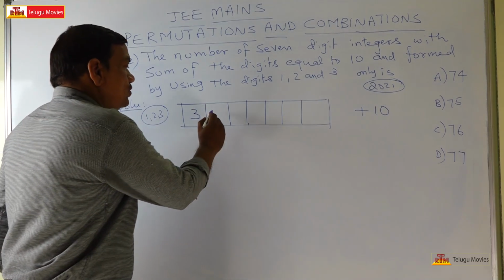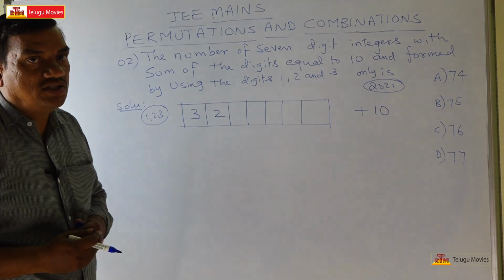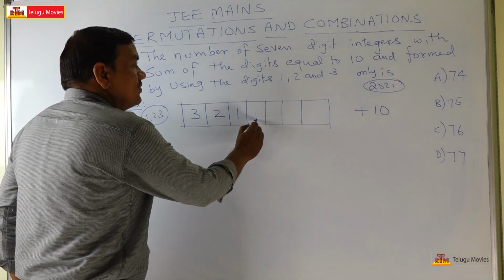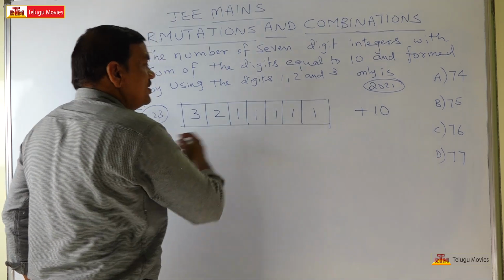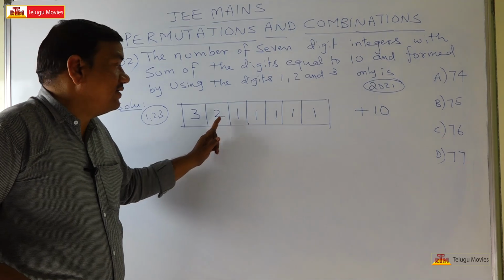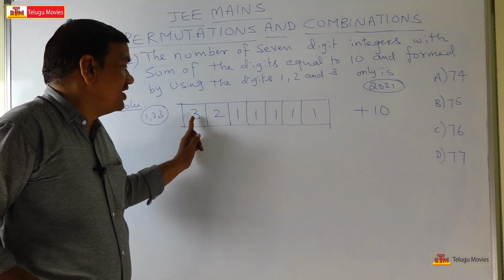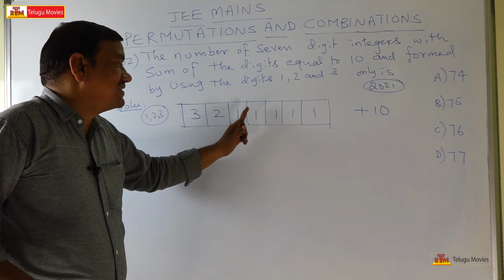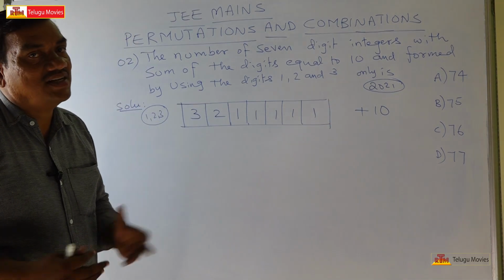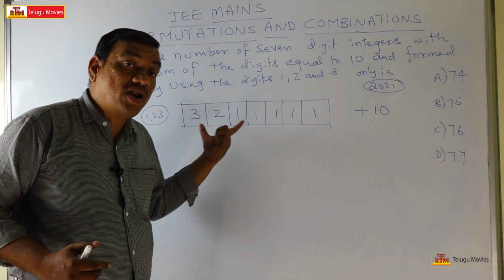Let us take 2 here. Here I can use 1, 1, 1, 1, 1. You see the sum? 3 plus 2 is 5, 6, 7, 8, 9, 10. You are getting 10, yes. So this is one combination.